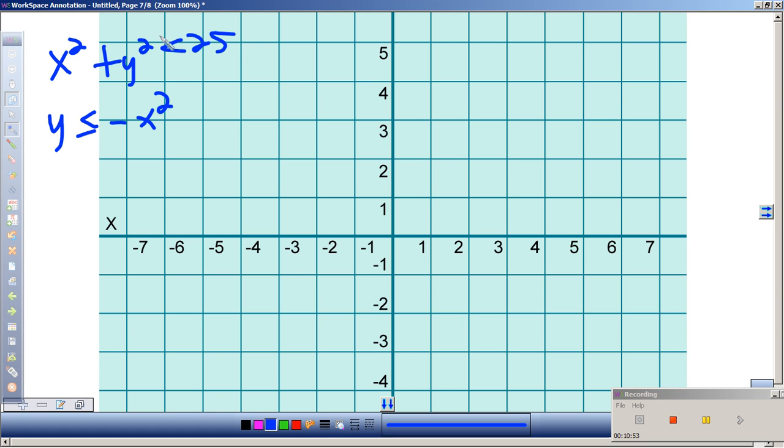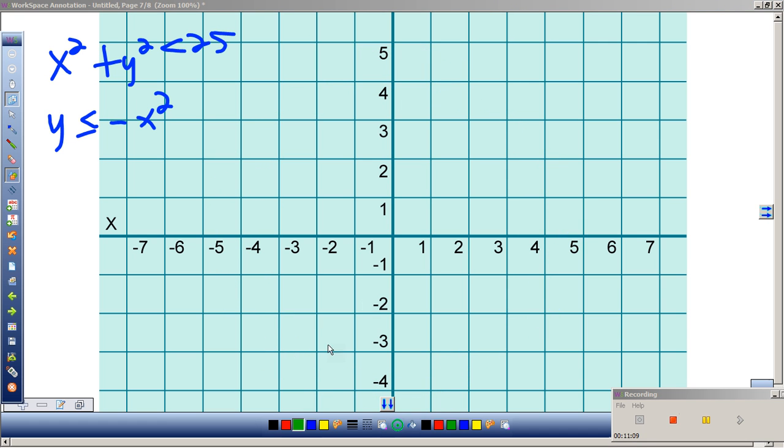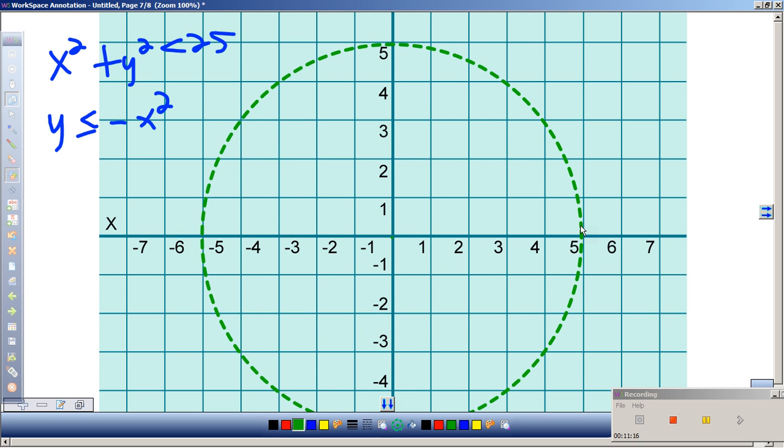Okay, so the first one we've got is a circle, right? Circle radius of 5. Is it a solid or dashed circle? So let's change it to a dashed circle. Radius 5.